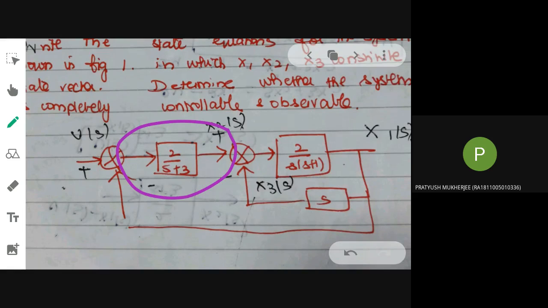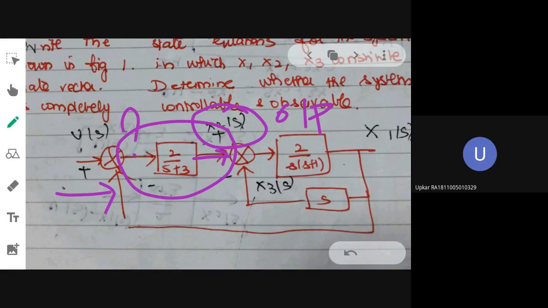In order to write the equation, I need to know what the input and output for the block are. See the diagram and tell me. Output, you can easily say. What is the output coming out from the block? X2, the output signal. So from this block, the output signal is X2. What is the input?